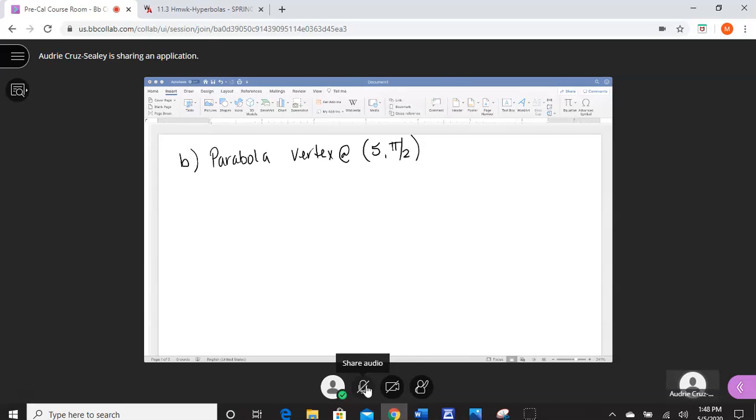So what do you think that looks like? Do you remember how to graph polar points? I hope. So I want you to recall that part.